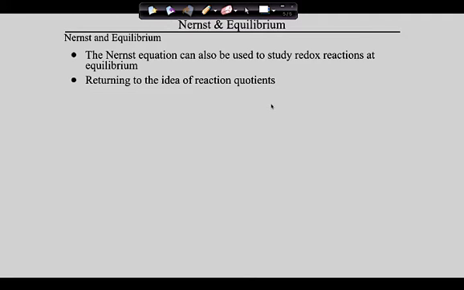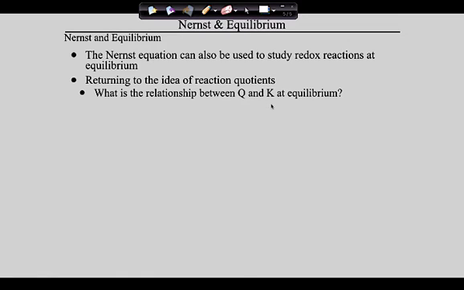It can be used to study any redox reaction. But instead of cathode and anode, we just make it generic and say reduction and oxidation.